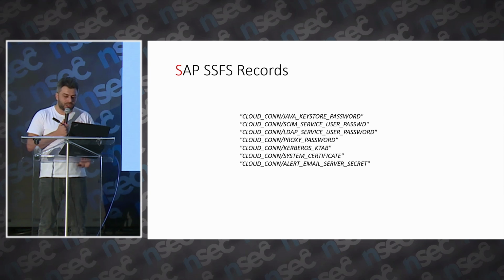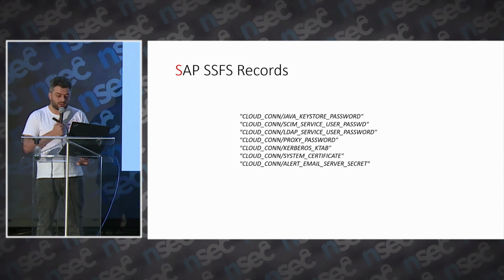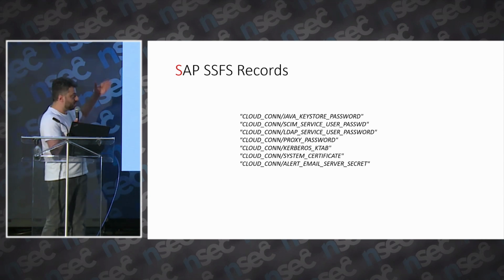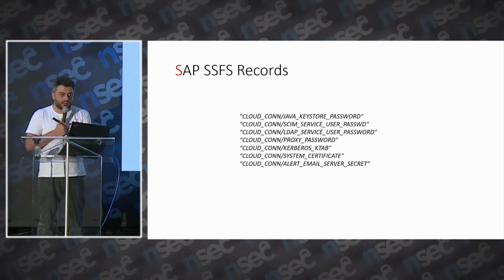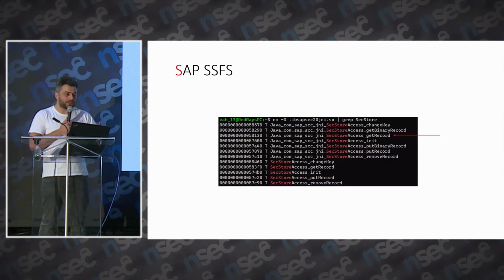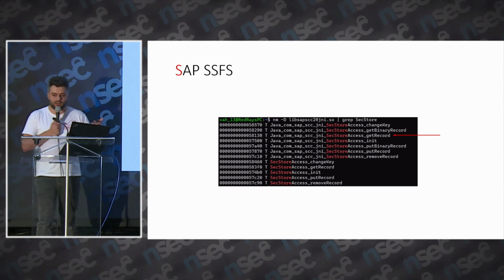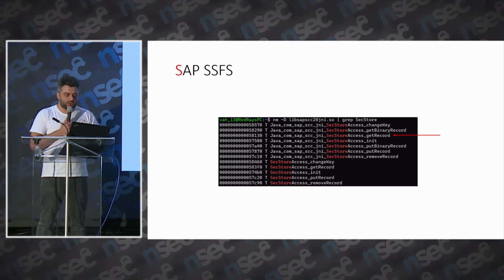After some research of the SSFS structure for SAP CC, we found that the SAP CC SSFS should contain the following properties. But the encryption algorithm is written in binary files, and reversing those binary files can take a long time for us, so we chose another way.